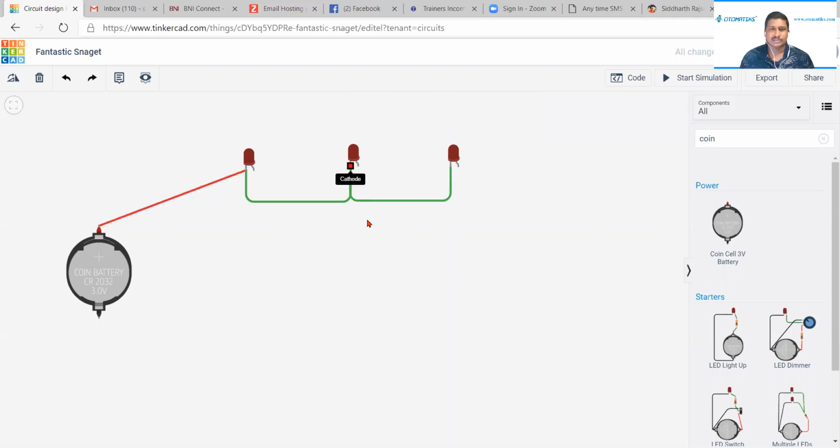I have connected all the positives of the LEDs and I have given it to the battery. Now I need to take the negative.